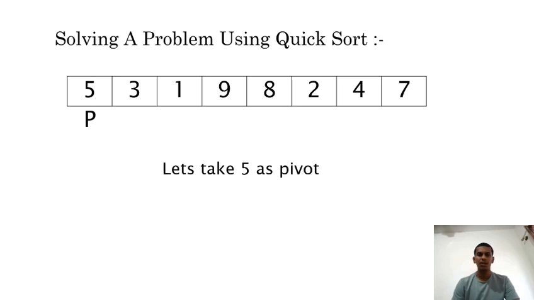Now let's take 3 as i, but according to the condition, i should be greater than the pivot element. Here 3 is lesser than 5, so we can't take 3 as i element. Now we're taking 1 as i element, and 1 is also lesser than 5, so we can't take 1 also as i element.